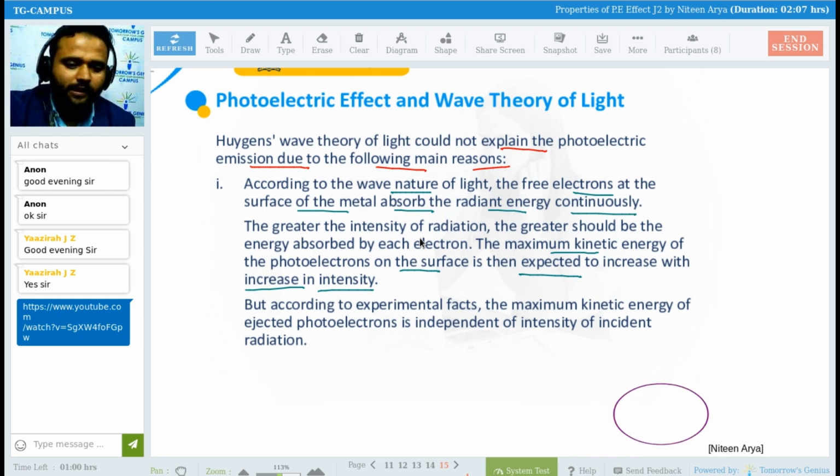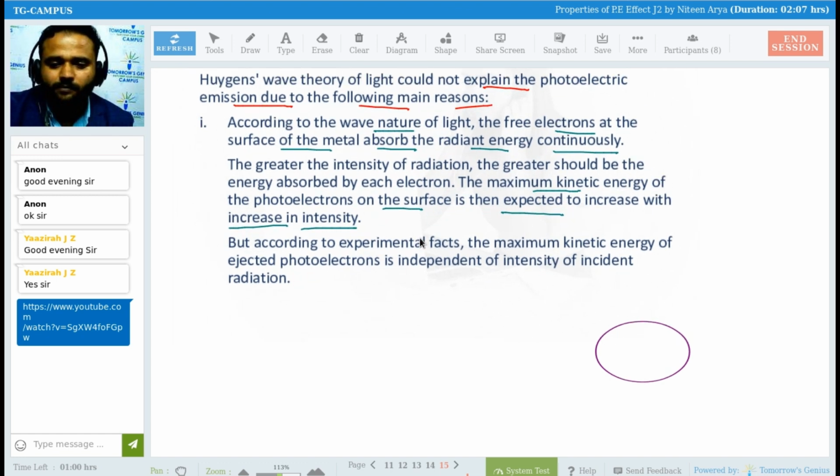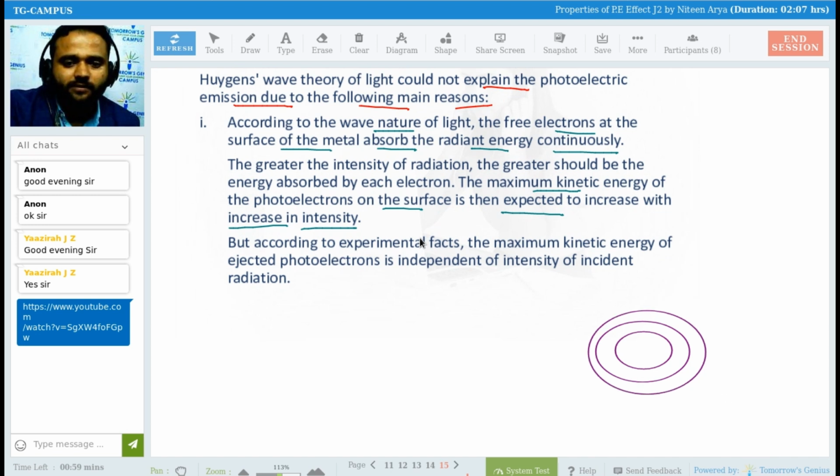Means, at the atomic level, suppose it is an atom, with one shell, second shell, and this shell. When this phenomenon happens, the electrons start rotating with higher speed.